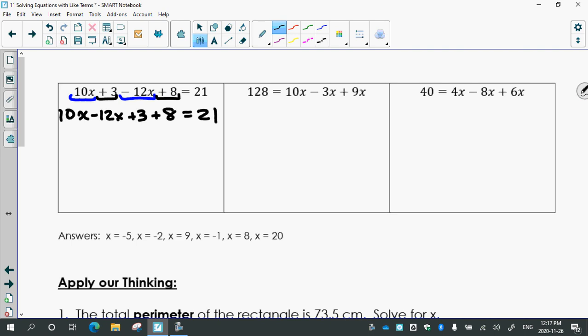Someone have the next, what's the collecting like term stuff look like? After you've collected them, what should you have before you start to solve? Anyone get that far?